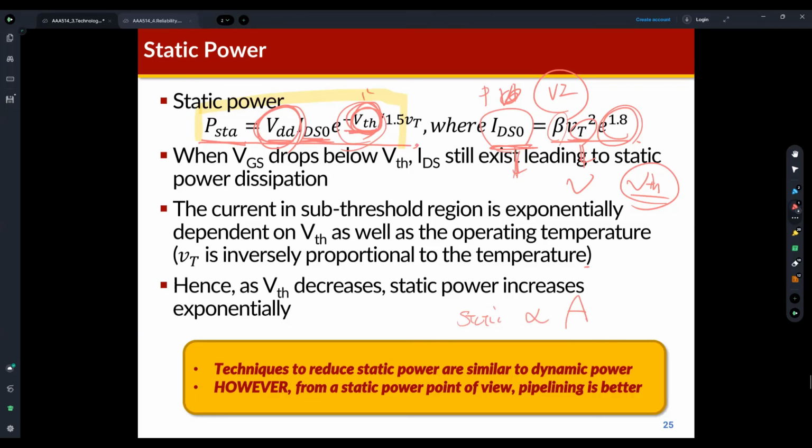Even though the transistors are turned off, current flows through the transistors and power is consumed. Which means if there are many transistors, they will consume more static power. So static power is proportional to the area.